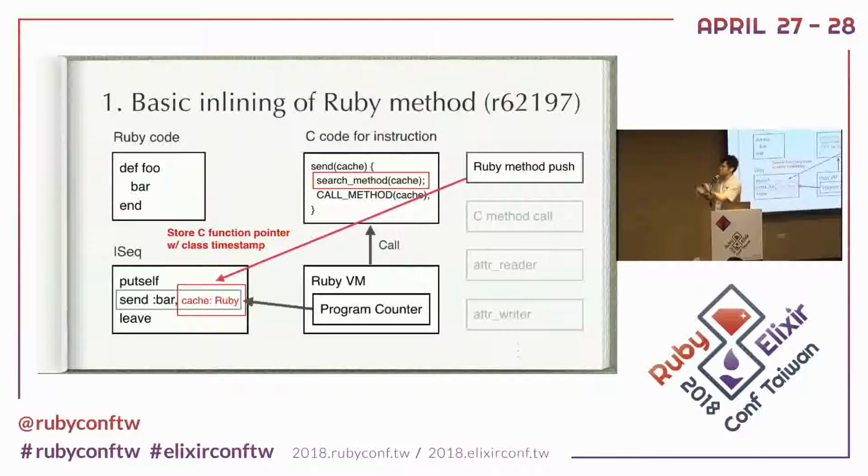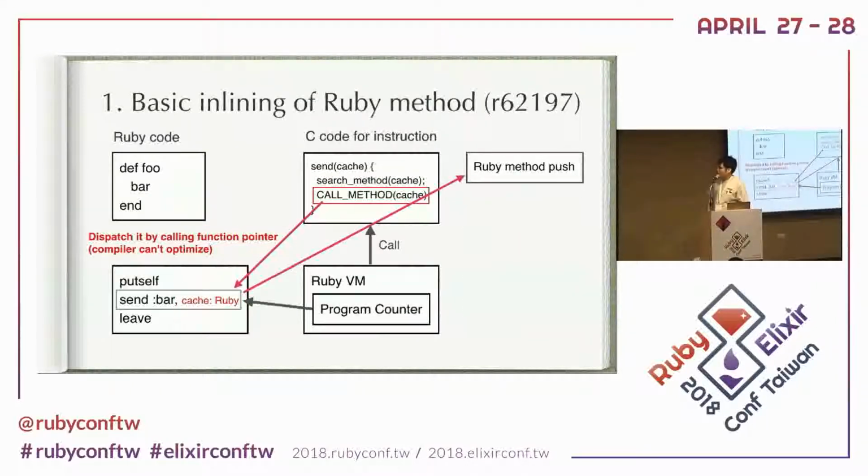So it's needed for the JIT compiler to have the information in the ISEQ, and we can't do the same optimization in the VM because we don't know what type of method bar is.